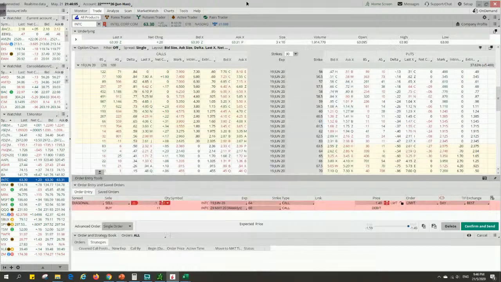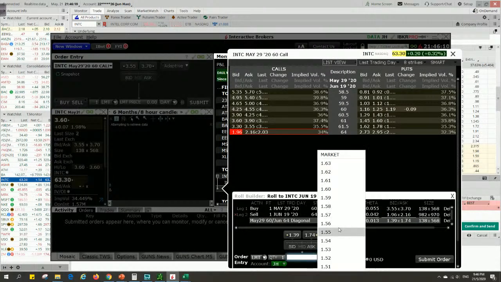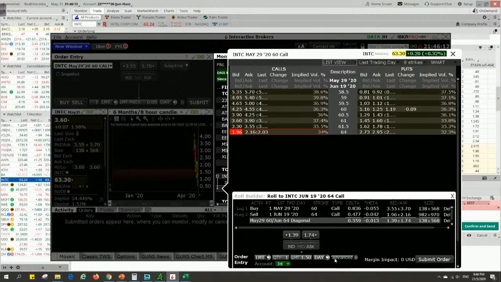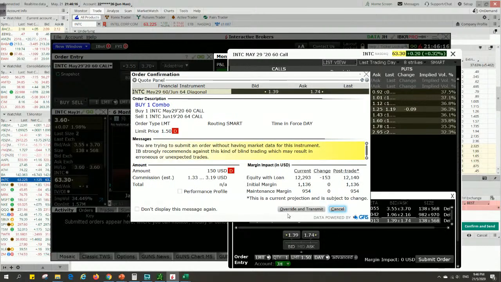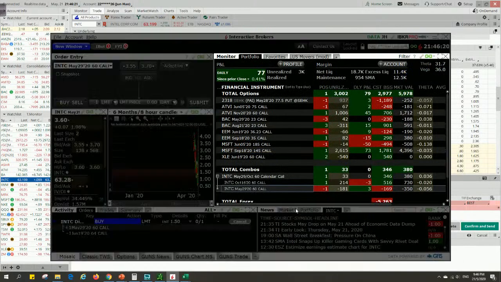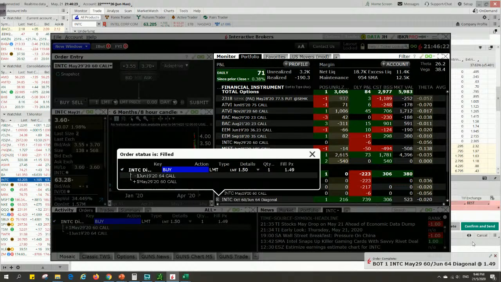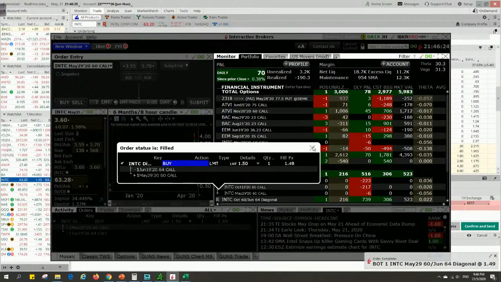And from Think or Swim, we know that the current price is 150, 149, 153. So I'll just put it at 150. All right, and I'll submit my order. So override and transmit. And you can see that the order filled at 149.